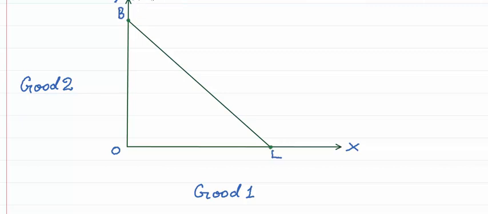Let's say BL denotes the budget line of the consumer. At point B, we can see the amount of goods x2 consumed by the consumer when he is consuming 0 units of x1, whereas L shows the amount of goods x1 consumed by the consumer when he is taking 0 units of good 2, that is x2. This L point gives the horizontal intercept of the consumer.